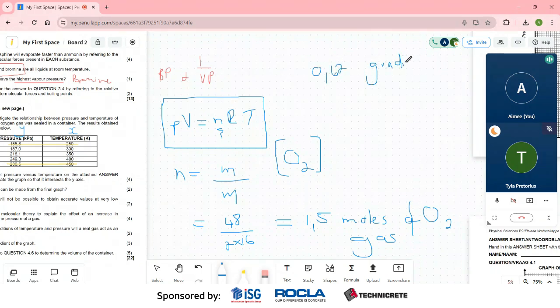And remember, when you're doing gradient, you're putting your y over your x, which means in this case, you're putting pressure over temperature.